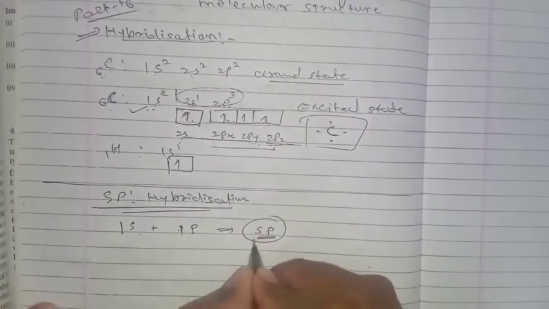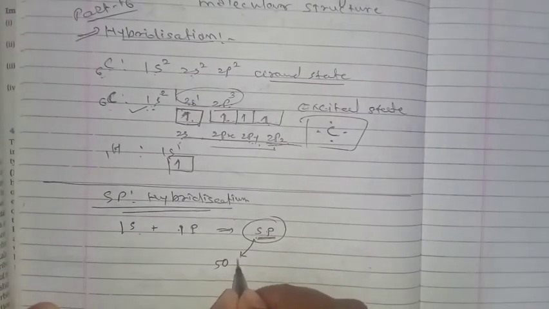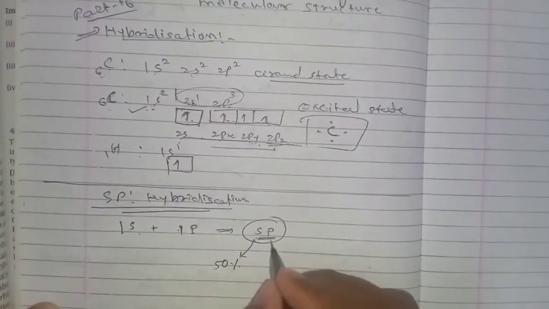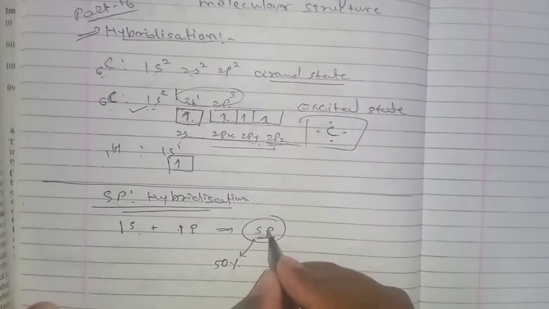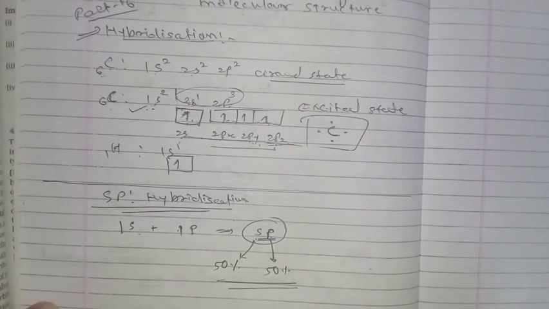That means the contribution of the s orbital is 50% and the contribution of the p orbital is 50%.